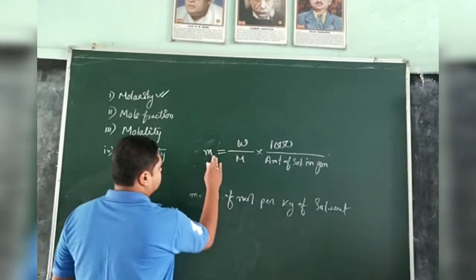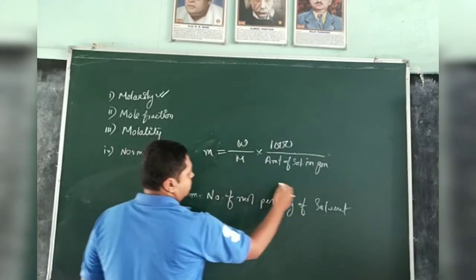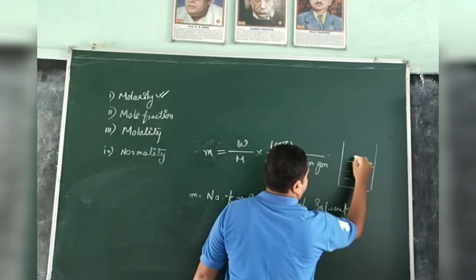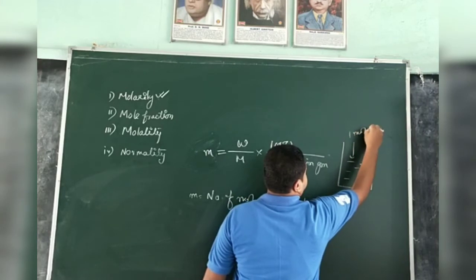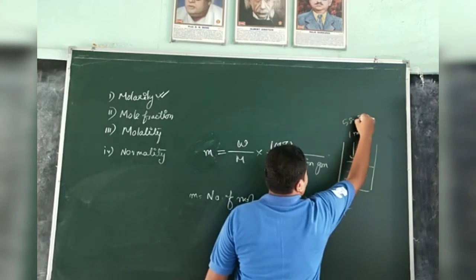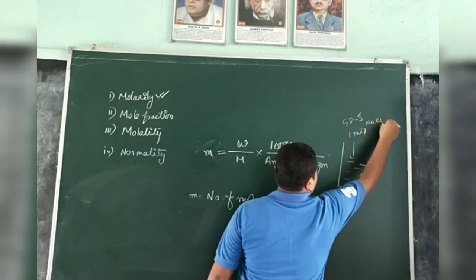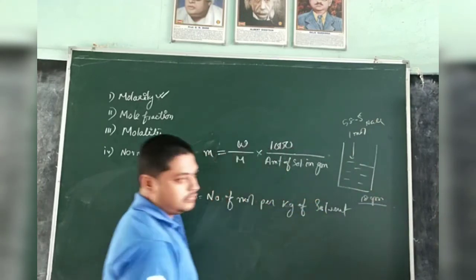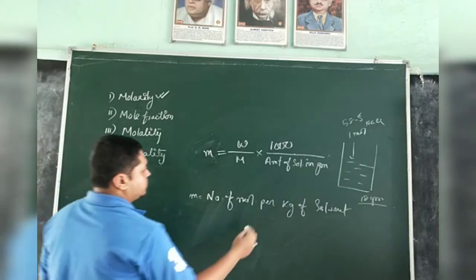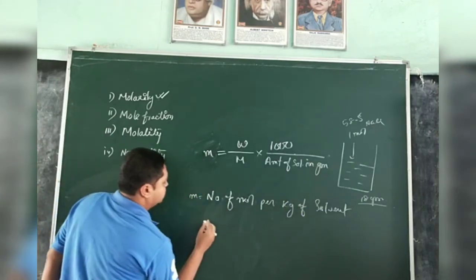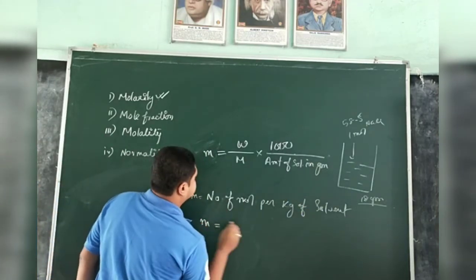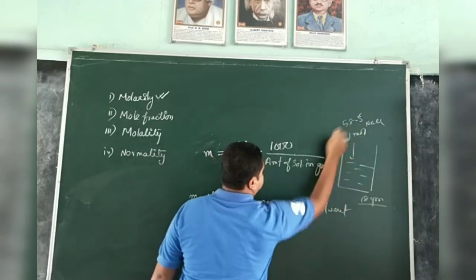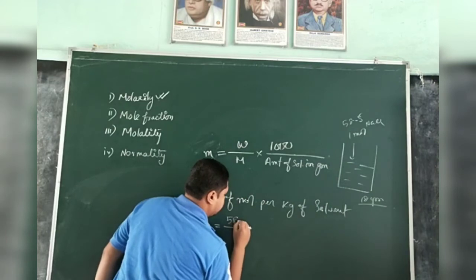Okay, so suppose in a beaker, 1 mole of NaCl, that means 58.5 gram of NaCl, is dissolved in 18 gram of water. So what is the molality of this solution? m is equal to W by M. W means the amount of solute, that means 58.5 gram.